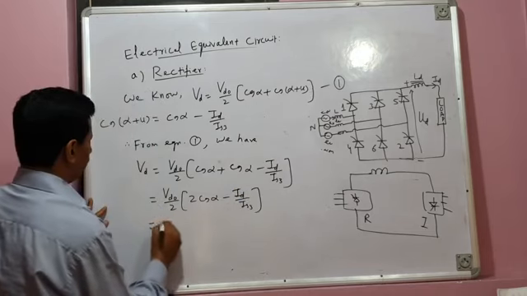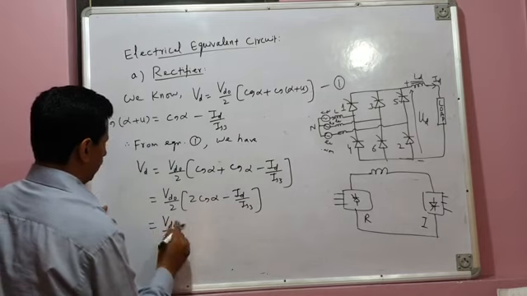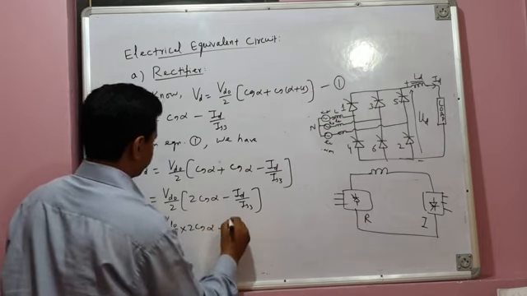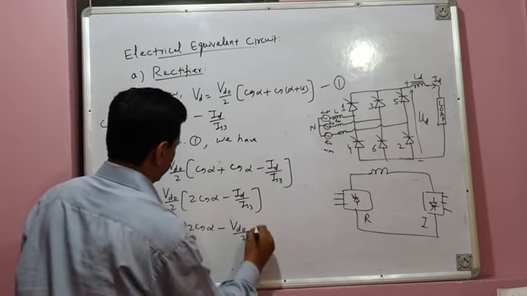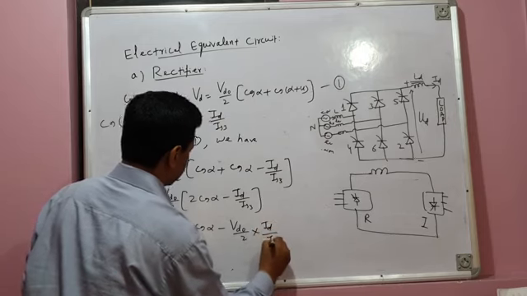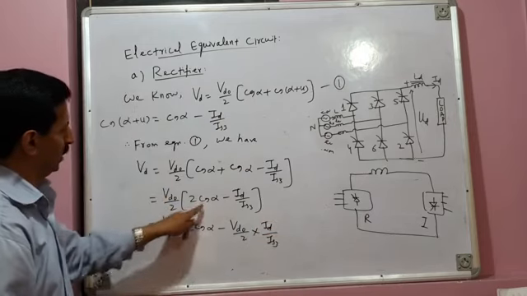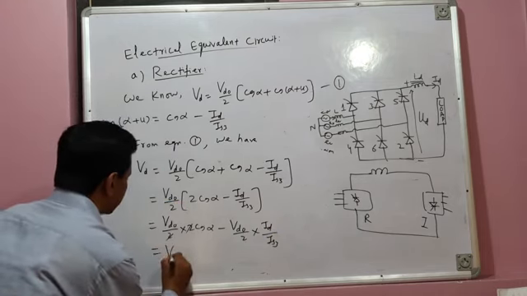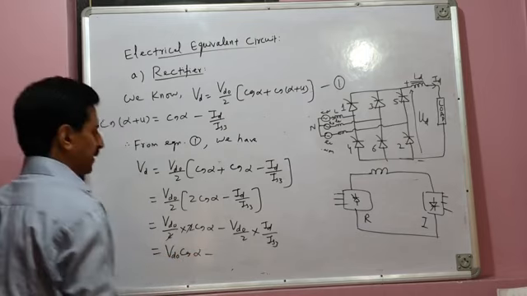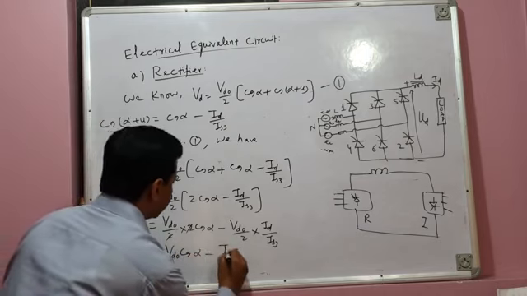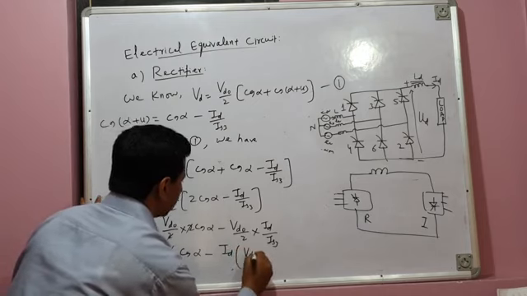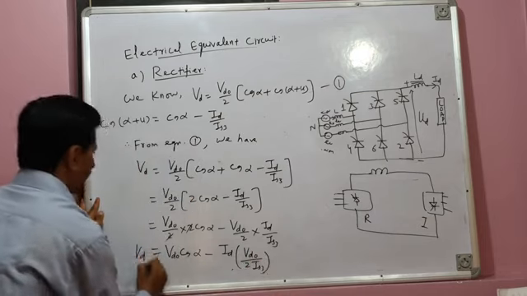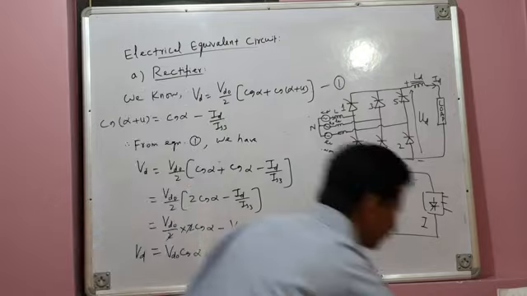So this is further equal to Vd naught by 2 into 2 cos alpha minus Vd naught by 2 into ID by IS3. I have multiplied both terms by Vd naught by 2. So this gives me 2 and 2 goes. This gives me Vd naught cos alpha minus Vd naught by 2 IS3 times ID. This is my Vd. Let me call this equation 2.